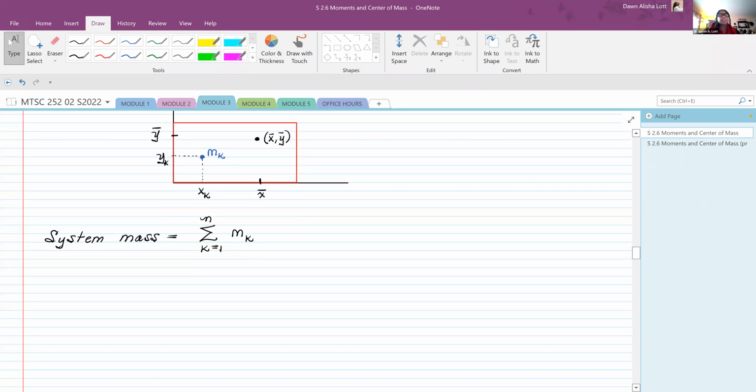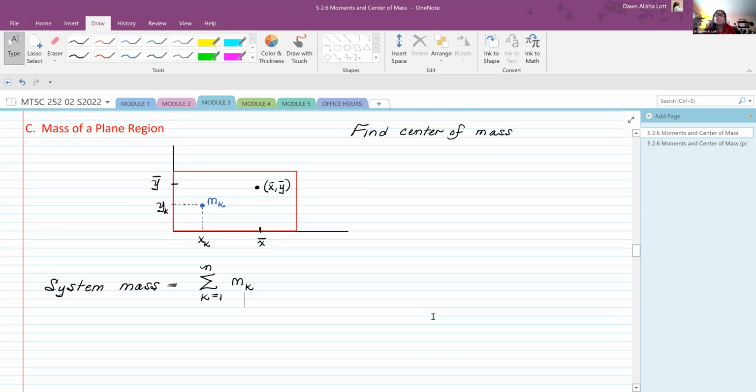Now, when I talk about the moment about the x-axis, here's the x-axis. The moment about the x-axis is the desire for something to want to rotate about the x-axis, and that depends on how far it is from the x-axis. So the distance mk is from the x-axis is yk.